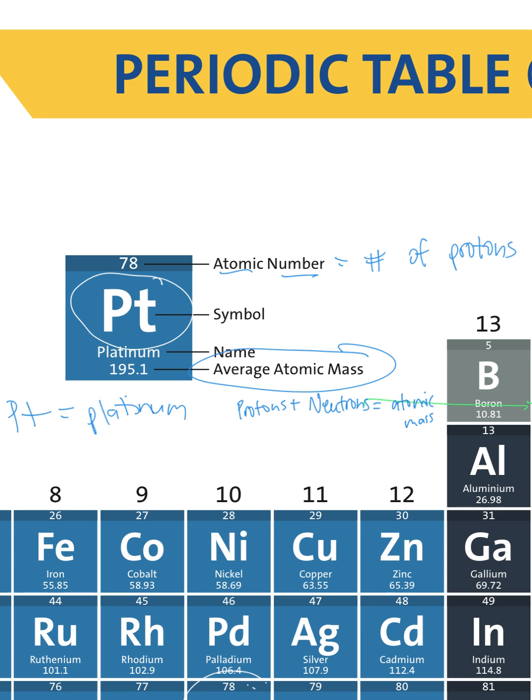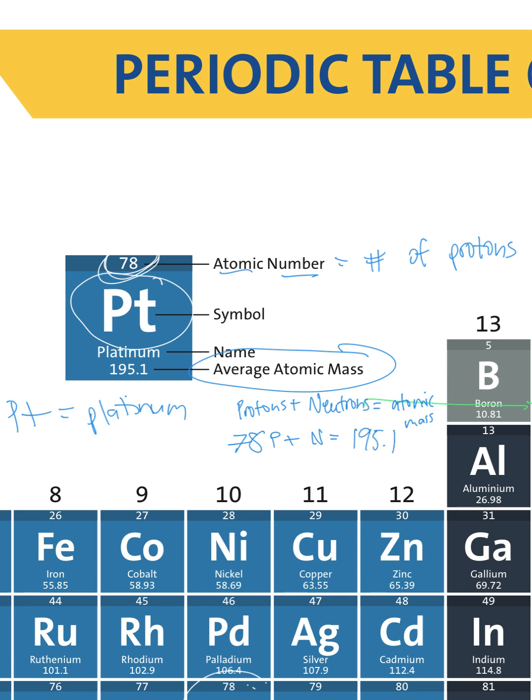So the way we can figure out how many neutrons are in this atom, if we know that there are 78 protons, I can go like this. I can say, okay, I have 78 protons. I have some number of neutrons, and my total atomic mass is this 195.1.